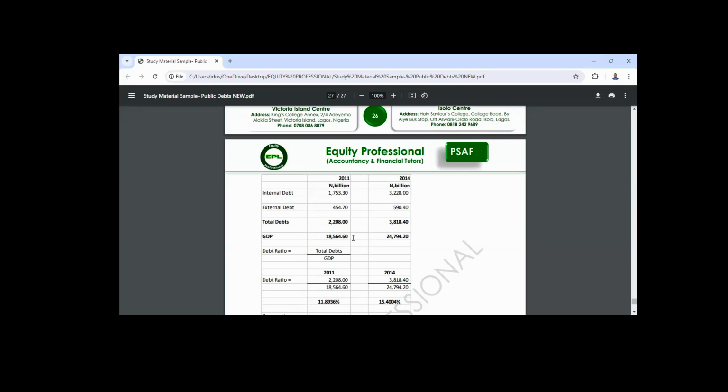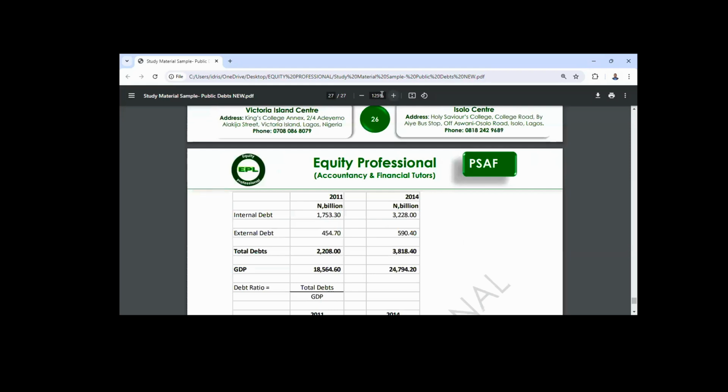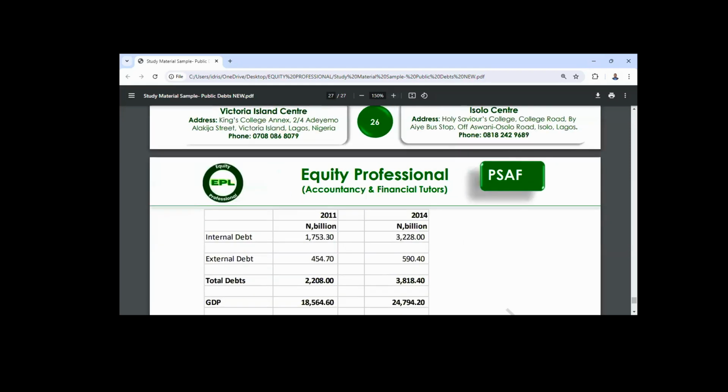You add the two of them together to get your total debt, which is 3818.40. That would be your total debt for 2014.